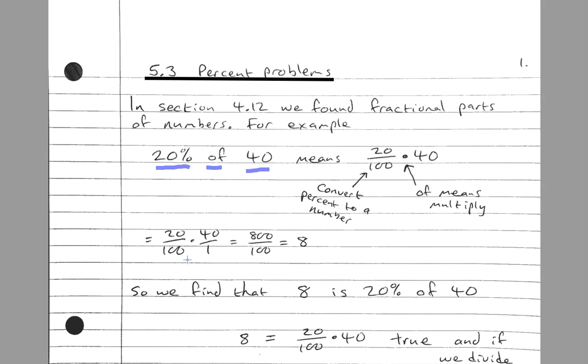How do you multiply a fraction by a whole number? Put the 40 over 1 and then multiply straight across. That's 800 over 100. 100 goes into 800 8 times. So we find that 8 is equal to 20% of 40.